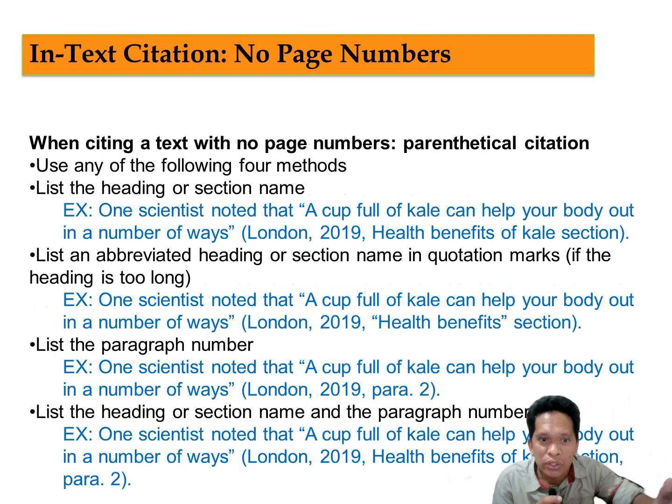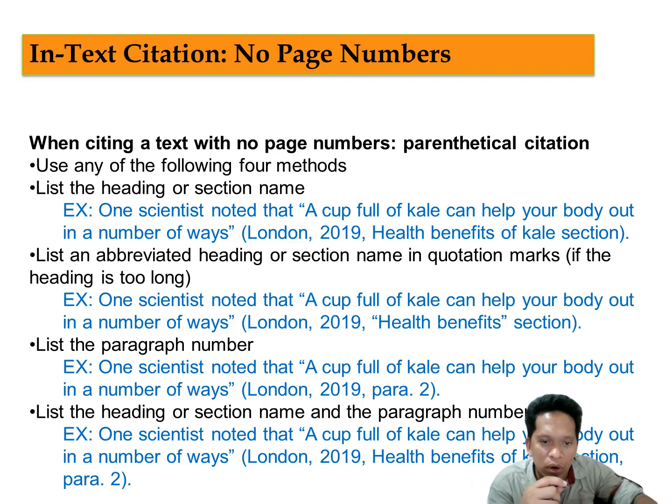No page numbers. When citing a text with no page numbers in a parenthetical citation, use any of the following 4 methods. First, use the heading or section name. Take note of that. Okay? So use the heading or section name, or an abbreviated heading or section name in quotation marks.